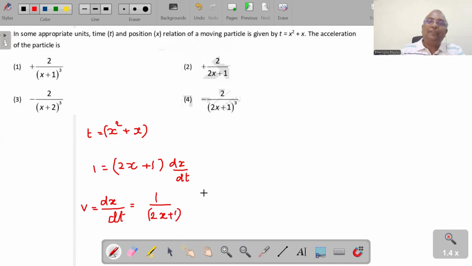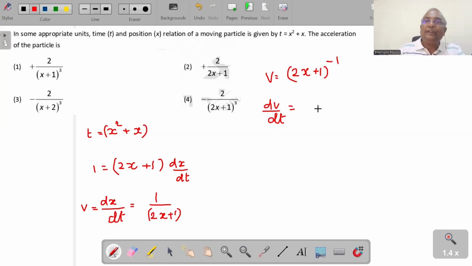So velocity is nothing but 2x plus 1 to the power of -1. Clear? If we go into the first differentiation, dv by dt, that only is the acceleration you will get.